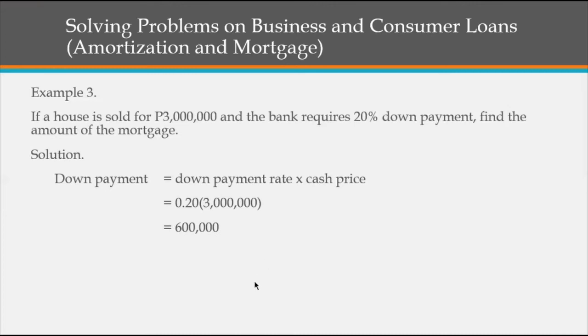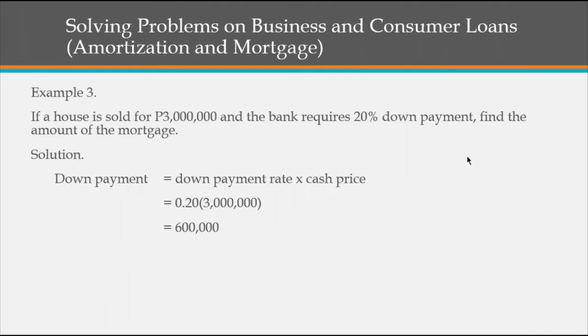Tama? 600,000. Kasi product lang naman yun eh. 3 million at 0.2. Ayan na. So, nakuha na natin ngayon ang down payment. Product lang yan ng 20% of 3 million or 0.2 times 3 million.